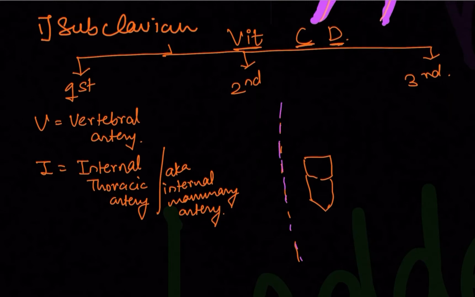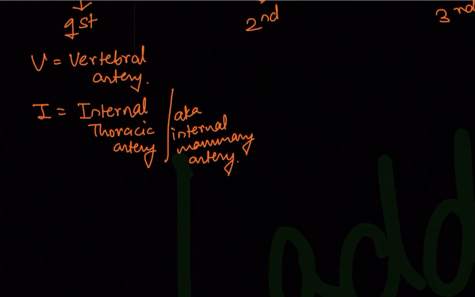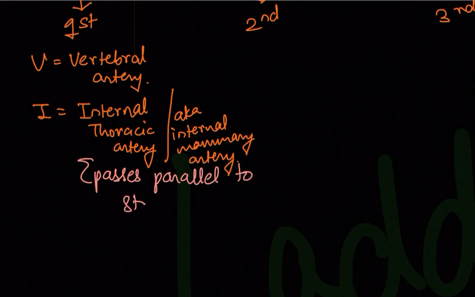They will give you such a question: name the artery which runs parallel to the sternum or is a few centimeters away from the sternum, running parallelly or through the mammary gland. You have to know that it is the internal thoracic artery, also known as internal mammary artery. So write it down: passes parallel to sternum. Remember this point, okay?